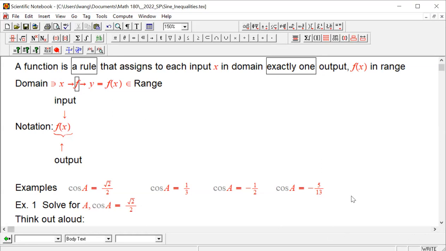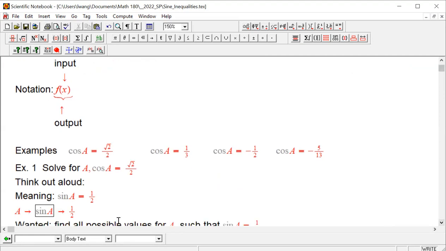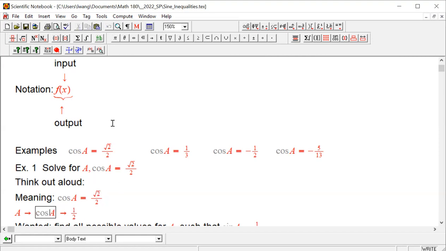When we think out loud, what do we think from? Well, we first need to understand the meaning. The meaning in this case, of course, is going to be cosine. And the angle is the input, and we're looking for the angle. So from the definition, we're looking for the input.